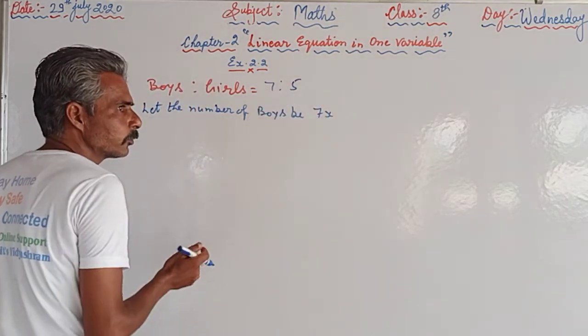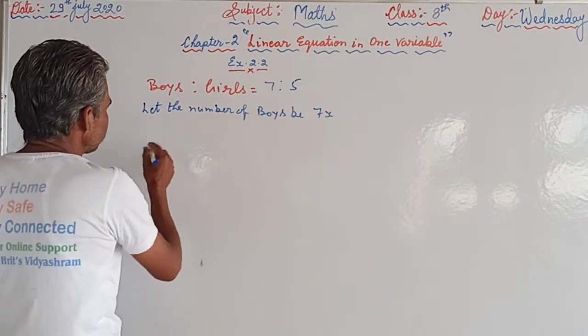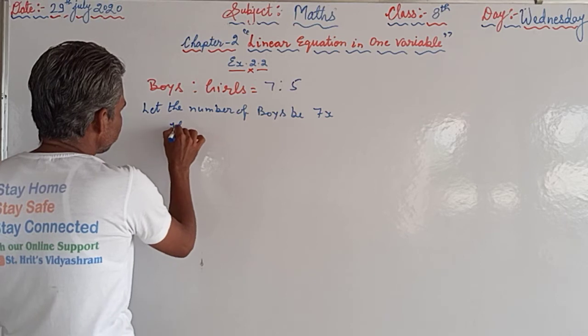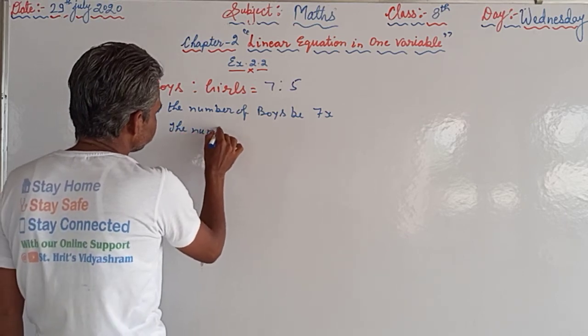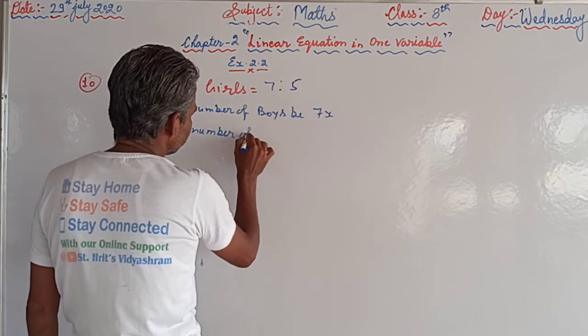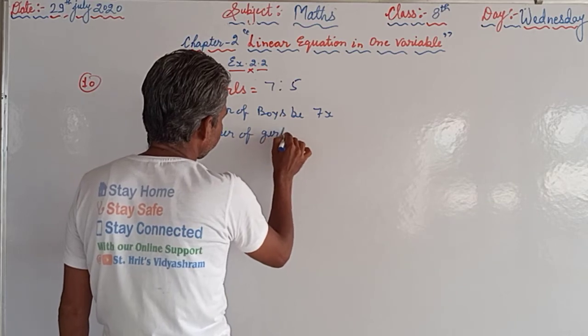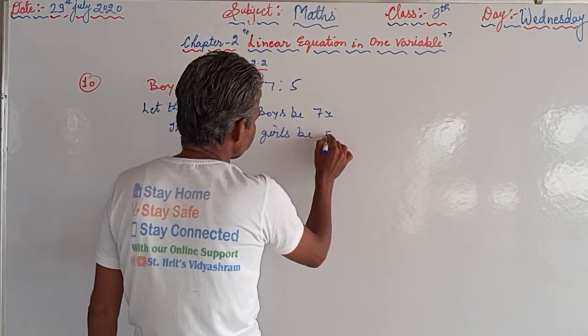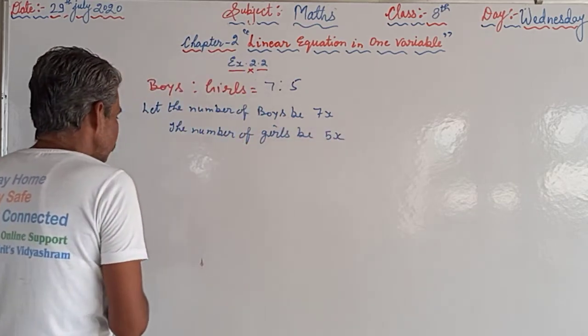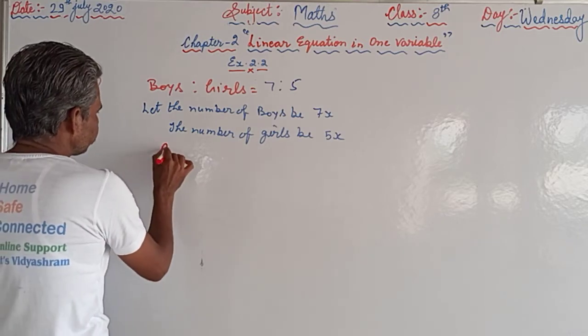According to the ratio, we are supposed to assume, and the number of girls be 5x.